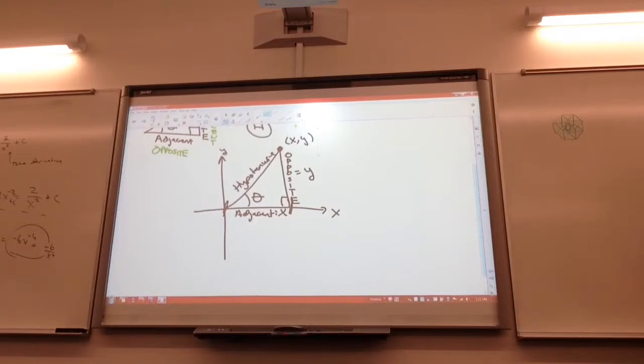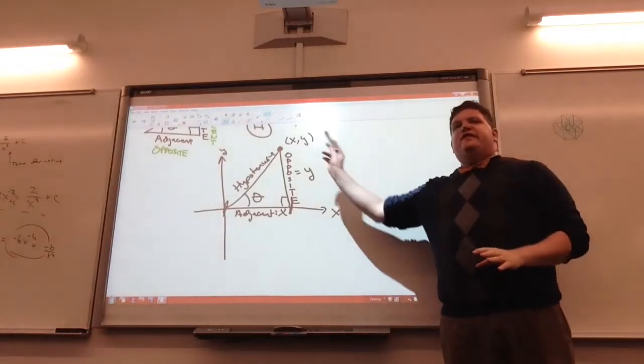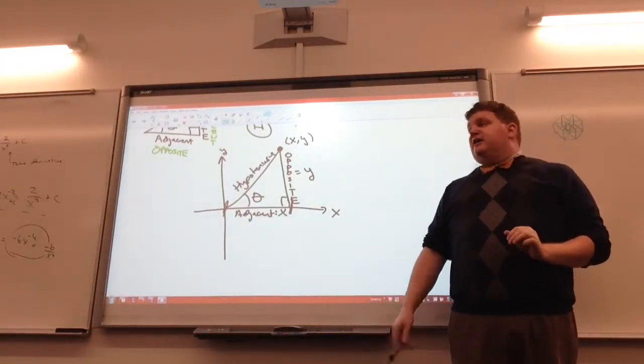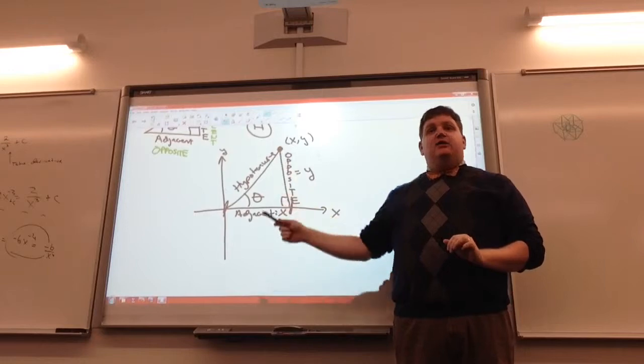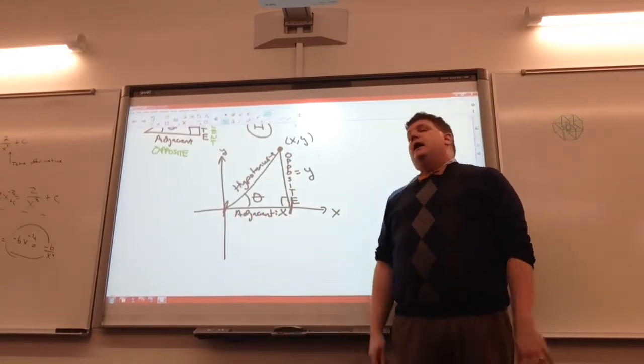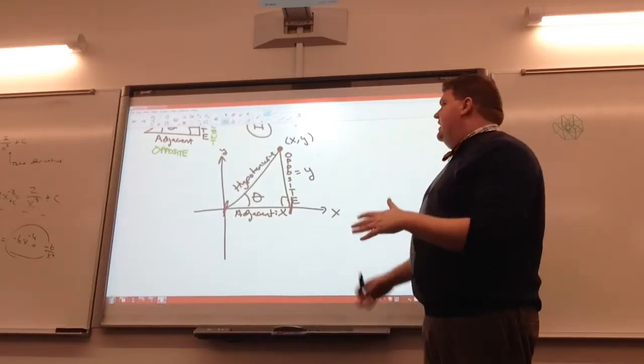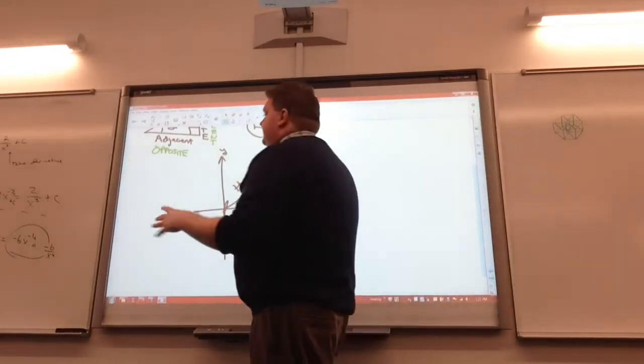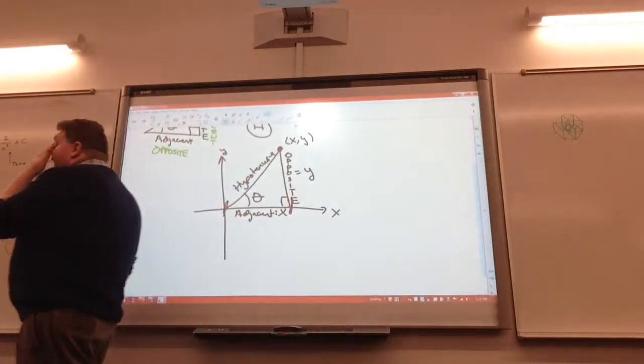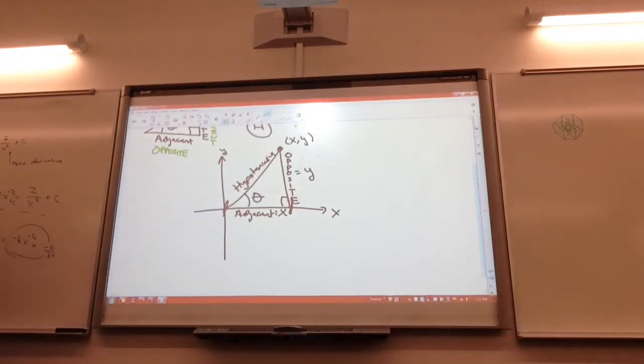Okay, good. Now, there are special relationships within a right triangle that equate the sides of the triangle to the angle. There are special ratios that deal with this. There's 6 of them actually, and these ratios end up being what a lot of trigonometry is all about, okay.